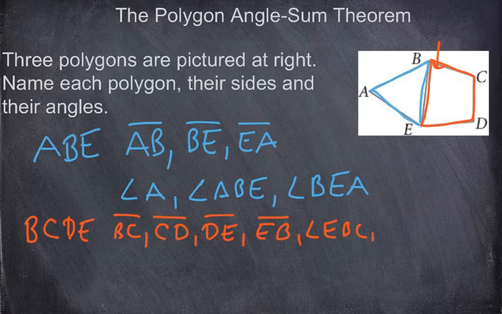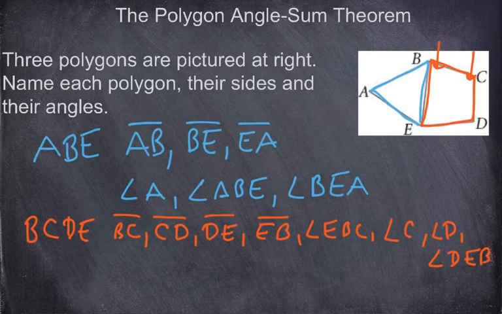Now when we talk about this one right here, at C we actually can use one letter because there's only one angle being formed. So also angle D, and lastly at the vertex E we have to use 3 letters, so we would say angle DEB. Okay? I know this is kind of a long problem, but we have to name all 3.